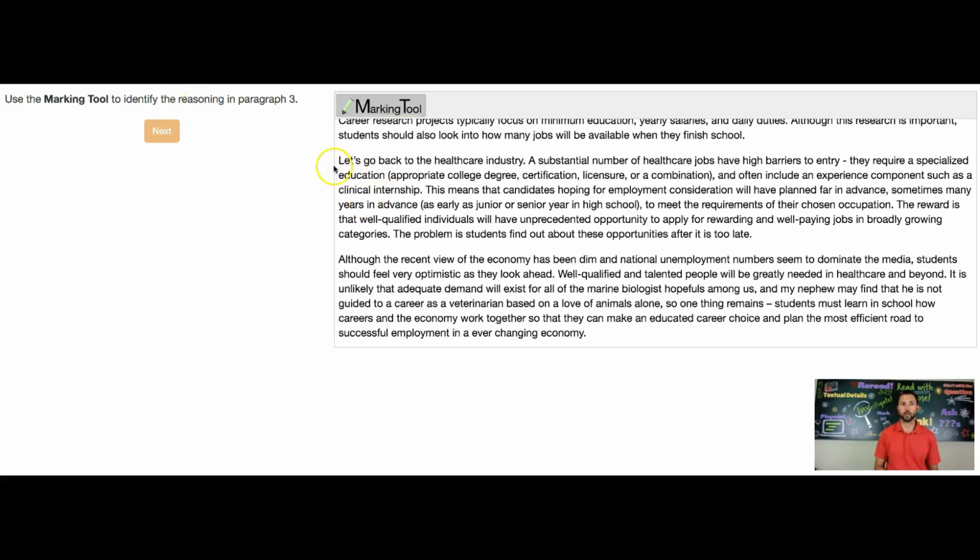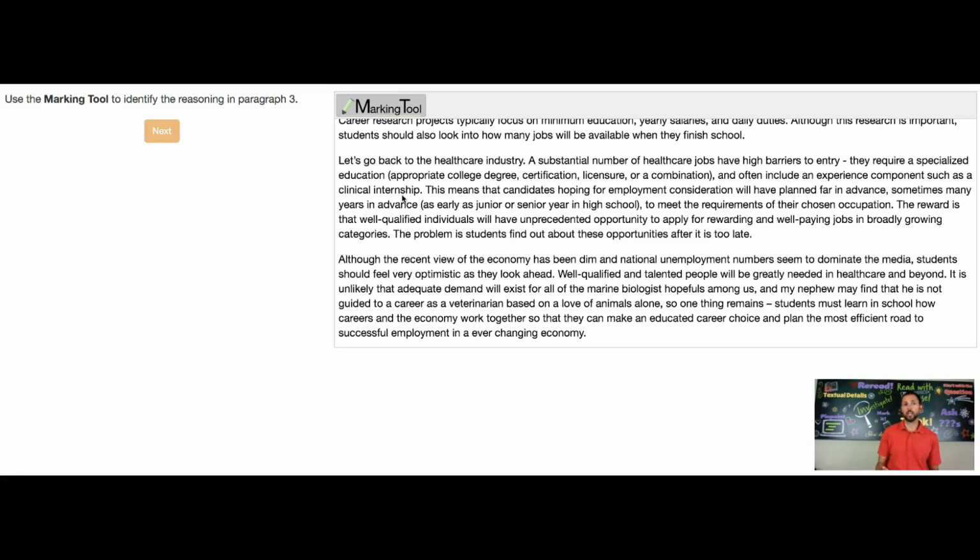So let's take a look in paragraph 3. "Let's go back to the healthcare industry. A substantial number of healthcare jobs have high barriers to entry. They require a specialized education, appropriate college degree, certification, licensure, or a combination, and often include an experience component such as a clinical internship." Now, this author isn't citing anyone here, but this is evidence.